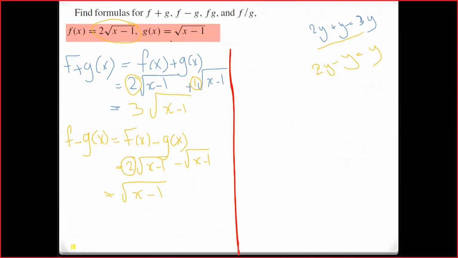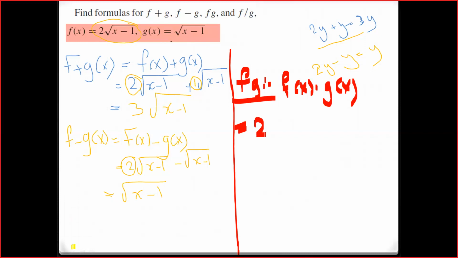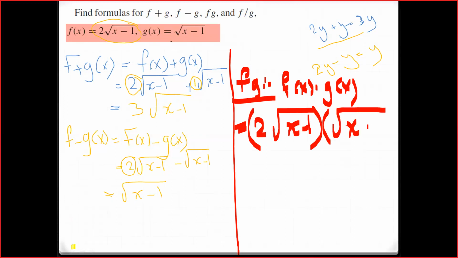Now, f times g. Here I have to multiply f of x times g of x. f of x here is 2 square root of x minus 1, and I multiply it with the square root of x minus 1. Now, square root of x minus 1 multiplied by square root of x minus 1, what will it be?